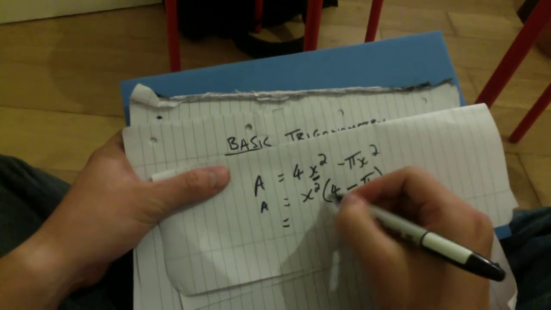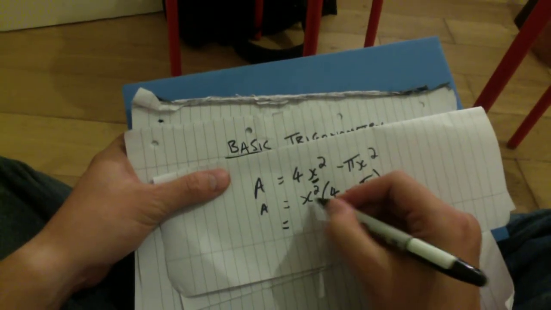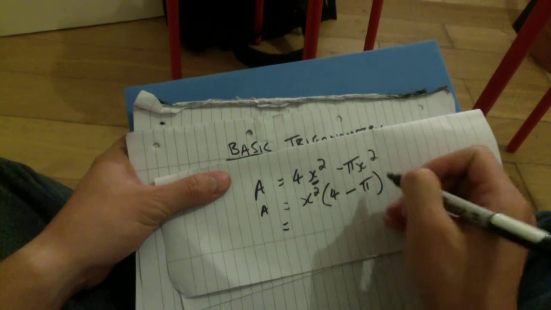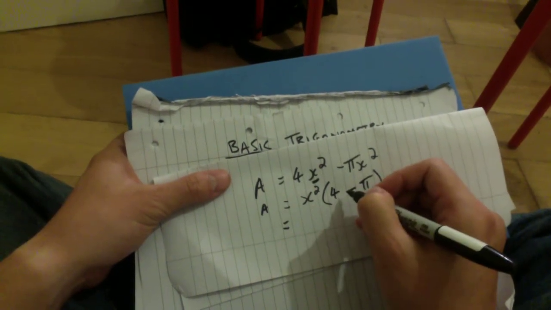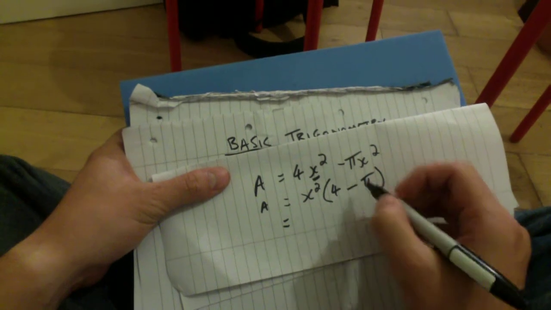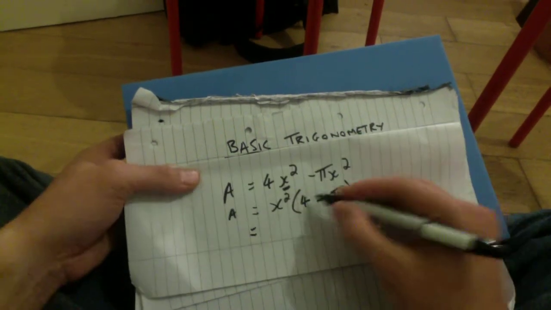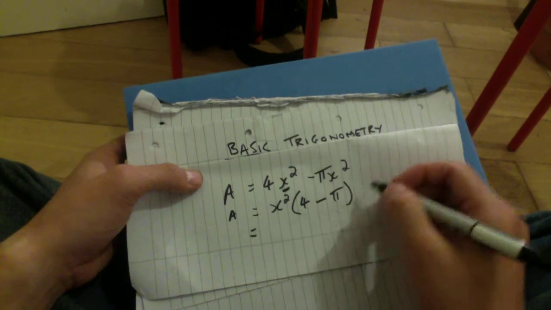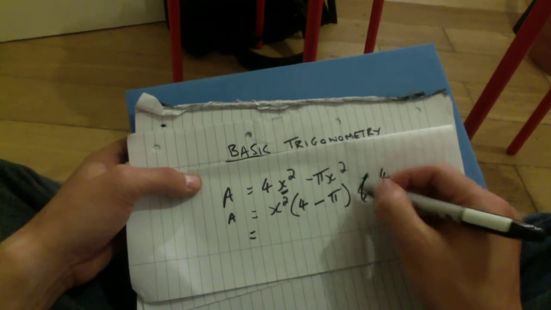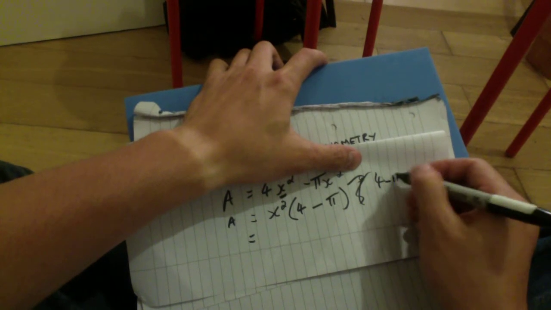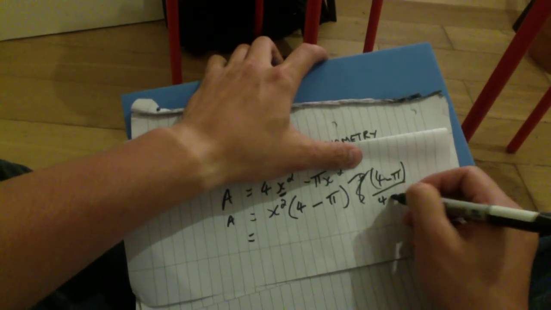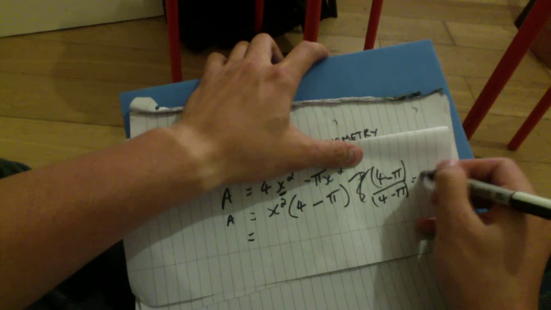Okay. So again, x squared times 4 minus pi. You want to get rid of that. So if it's something which is in the brackets, you have to divide it. So it's like 4, 4 divided by itself will leave nothing.